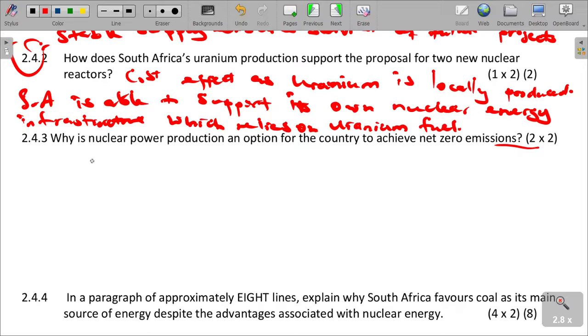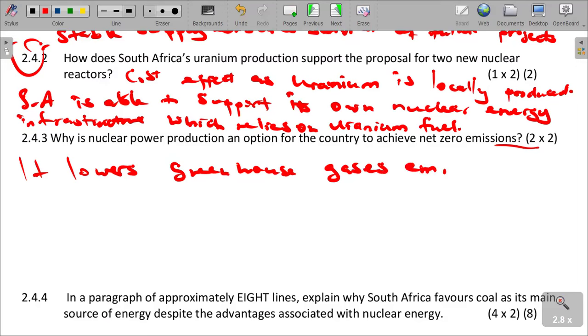One, it lowers greenhouse gas emissions. The amount of greenhouse gases produced is reduced. Greenhouse gas emissions decrease.